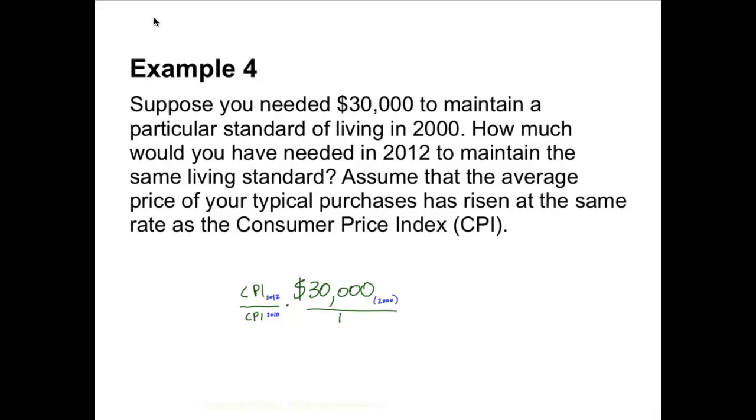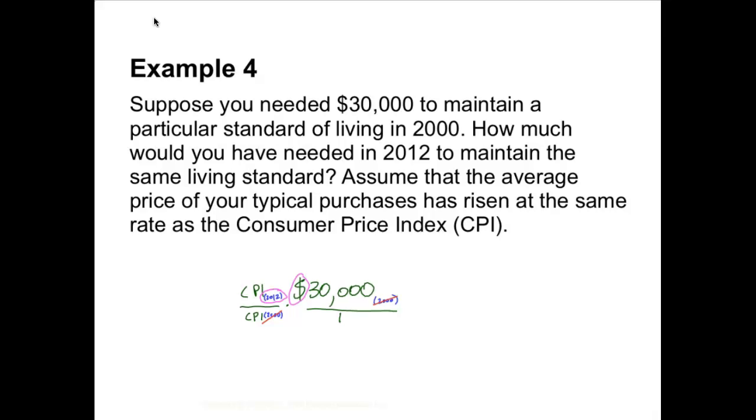And what you can see is going to happen, just like in unit analysis, the units will cancel in a way that we want them to. So my year 2000 dollars will cancel, and it will leave me with units of year 2012 dollars, which is what I want, right?